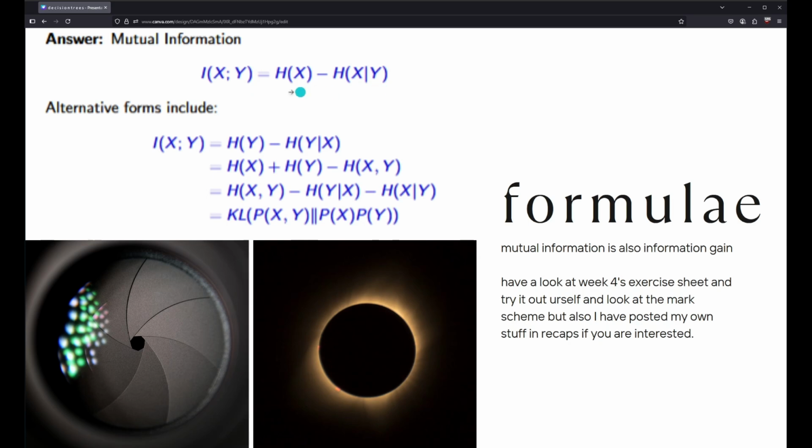So it's equal to the entropy of x minus the entropy of x given y. Now here there isn't a particular meaning to x and y, but we can assign it one. So let's say x is one feature and y is our output.